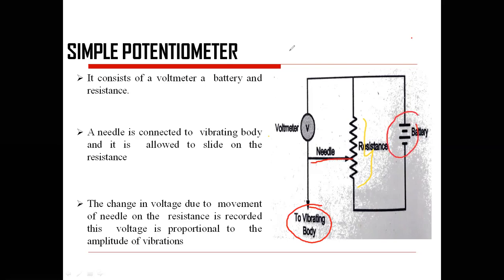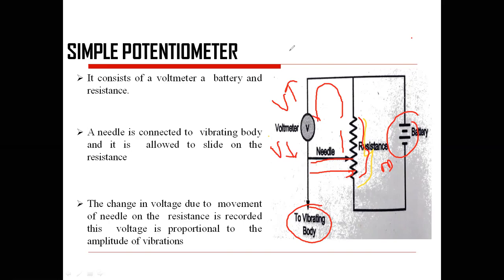This is the excitation part, and based upon this, across the resistance, if you try to reduce the resistance, your voltage will increase. If you try to move this pointer to this side, this resistance is more, so your voltage will decrease, as per Ohm's law, because in the path your resistance is more.